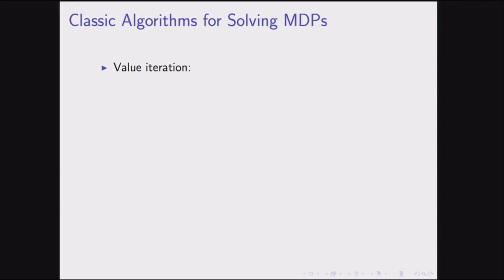Okay, so based on these ideas, there are two classic algorithms for exactly solving MDPs. These are sometimes called dynamic programming algorithms because they're quite related to the kind of dynamic programming algorithms that are used to solve search problems. One is called value iteration, where you initialize your Q function arbitrarily, and you repeatedly do Bellman backups until it converges.